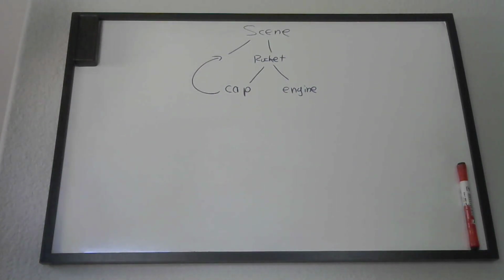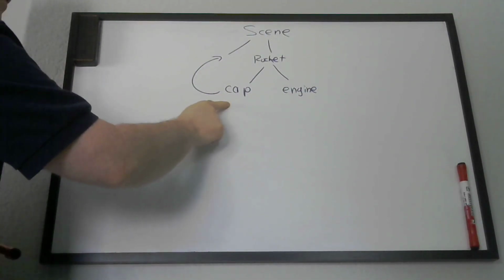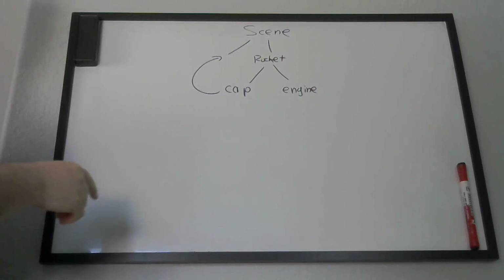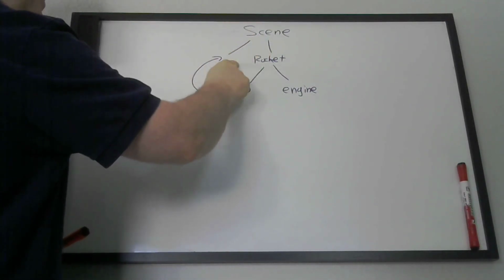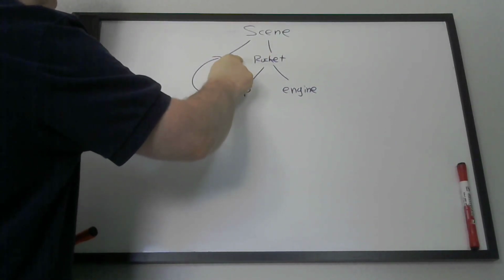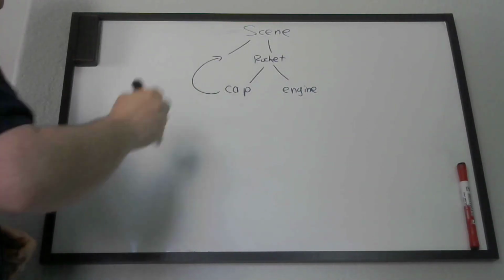Which really means when the rocket launches it off, I want to make it a child of scene. Do I want to make it a child of scene, or a sibling of rocket? I think for right now, I just want to make it a sibling of itself.